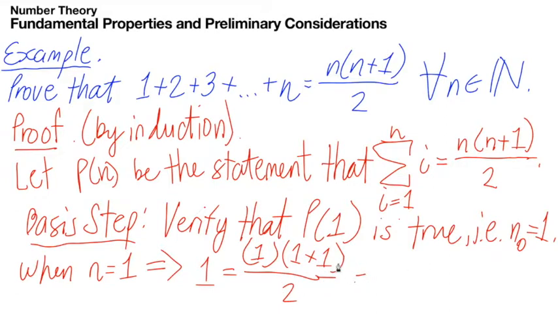This is 1 times 1 plus 1, that's 2, so we have 1 times 2 over 2. And clearly, 2 over 2 is equal to 1. This proves the basis step. Thus p sub 1 is true.